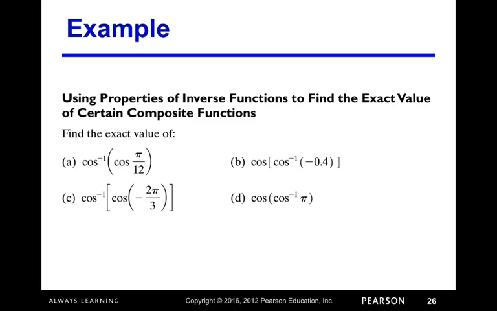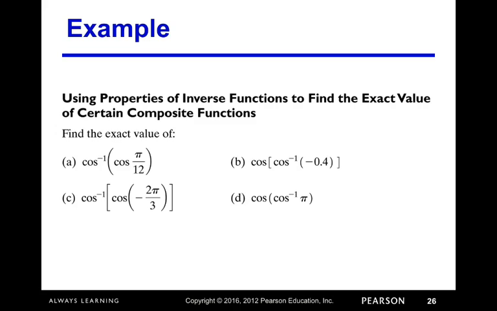Now let's look at C. We want the angle that has a cosine of negative 2 pi over 3. Is negative 2 pi over 3 between 0 and pi?